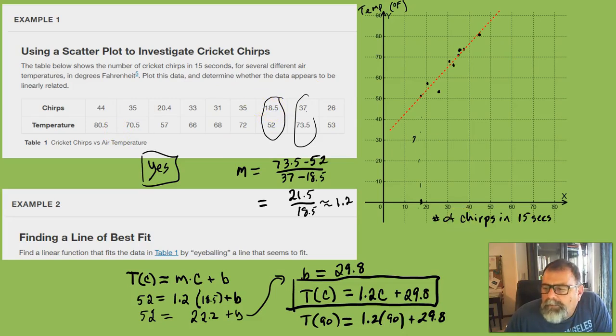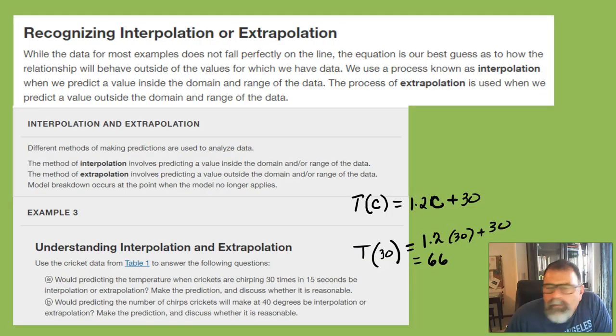So that would be extrapolation. And then our prediction is going to be 66 chirps in the 15-second interval. And does that seem reasonable? Yeah, seems pretty reasonable to me.